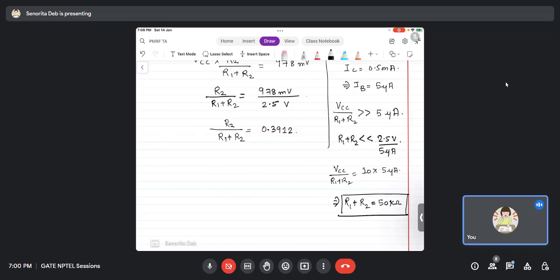And once R1 plus R2 you have got, you can put it in this equation and you will get R2 as 19.56 kilo ohms. And once this is found, R1 you will find by 50 minus 19.56, which is 30.44.